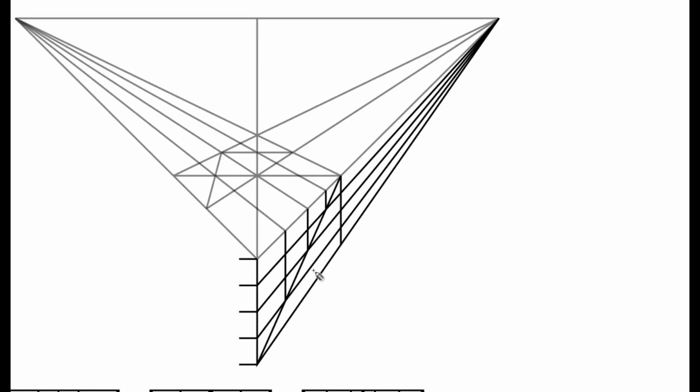Driving the point further, this vertical has been extended down, but the same concept has been applied. This side is divided into 4 even spaces and taken to this vanishing point. Then these intersections translate these horizontals vertically onto this plane.